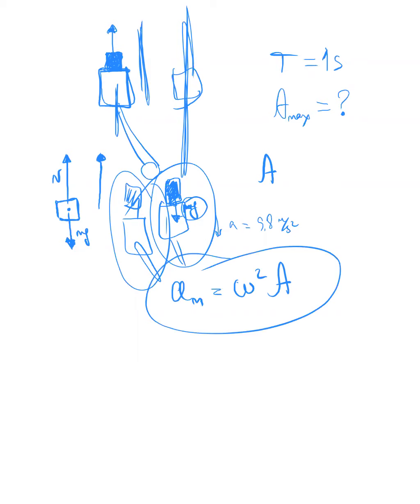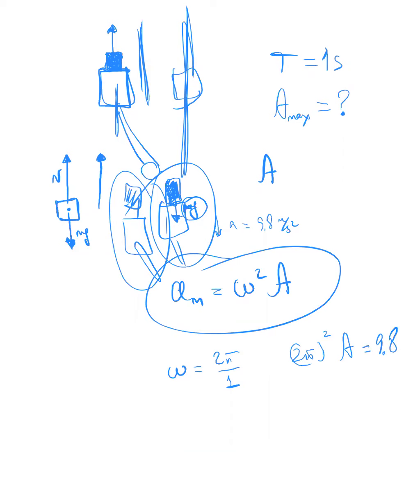And so if your period is 1 second, then your omega is 2 pi over 1 second. And then omega squared will be (2 pi) squared. So you want (2 pi) squared times A to be equal to 9.8, but not more.